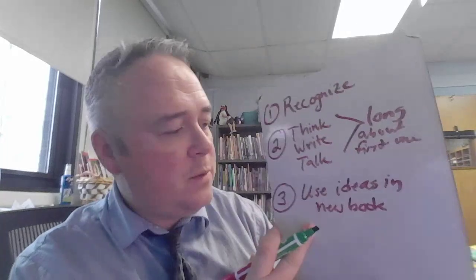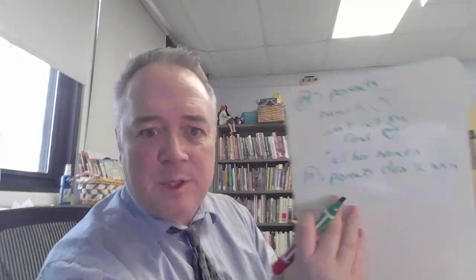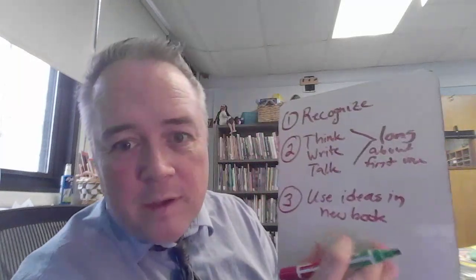Because now I'm going to do step 3. I'm going to use the ideas in the new book. James is probably, since there's so many things under the sun up here, it makes me think that Aunt Sponge and Aunt Spiker are kind of like Mr. and Mrs. Wormwood. And in the end, they're not going to win either, right? So I'm going to be looking for how James kind of outsmarts Aunt Sponge and Aunt Spiker, or what other thing could happen.